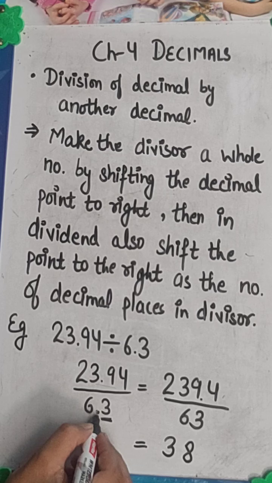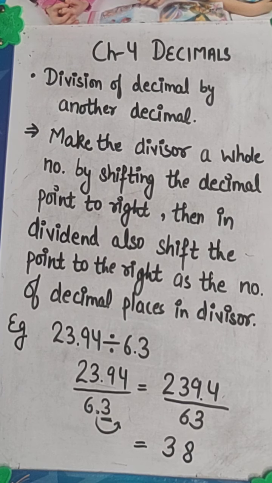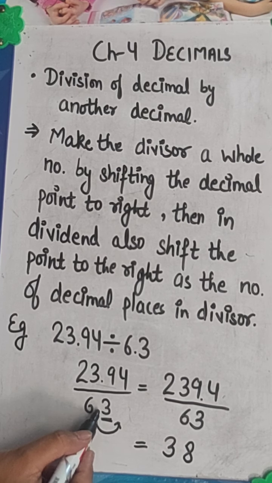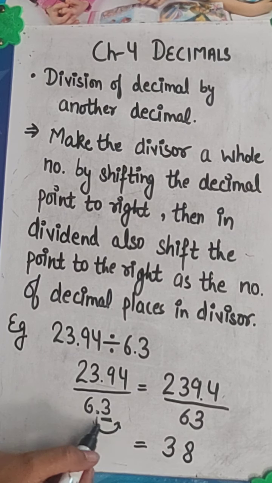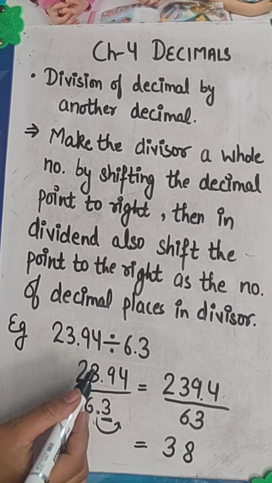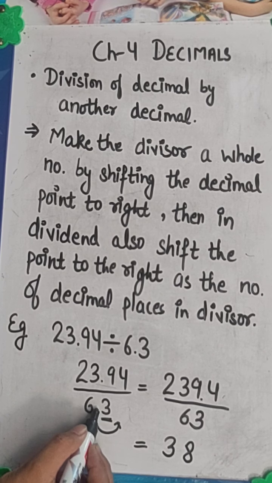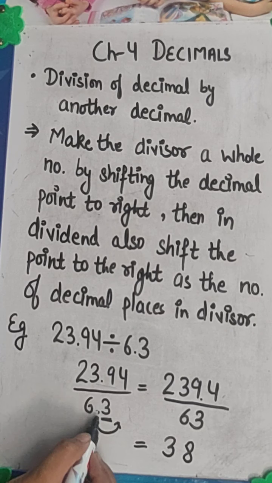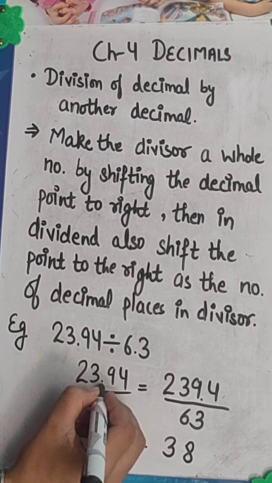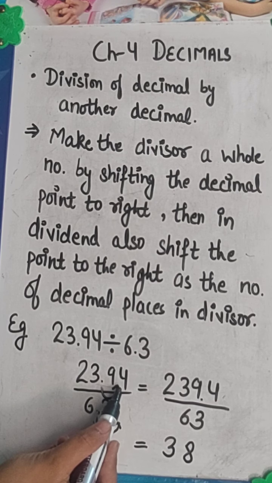So we have to shift the decimal one place to the right to make it a whole number. If I shift one place to the right in the denominator, in the numerator also I have to shift one place to the right. Now the denominator becomes 63.